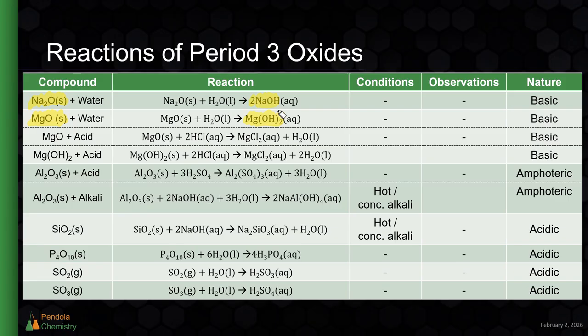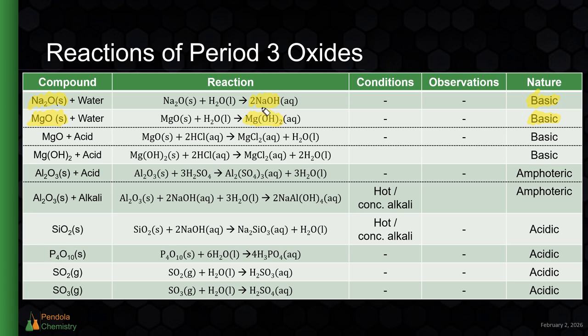Both sodium oxide and magnesium oxide are what we call basic in nature. Why are they basic in nature? We discussed this earlier in section 10.3. They're basic in nature because both sodium hydroxide and magnesium hydroxide dissociate in water to give the hydroxide ion, and that's what makes them basic.